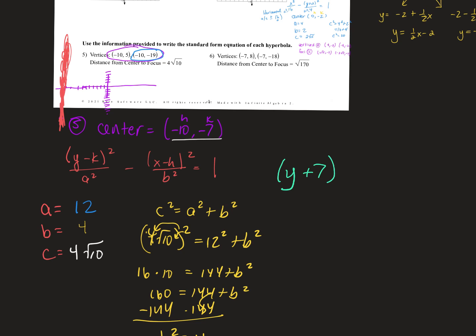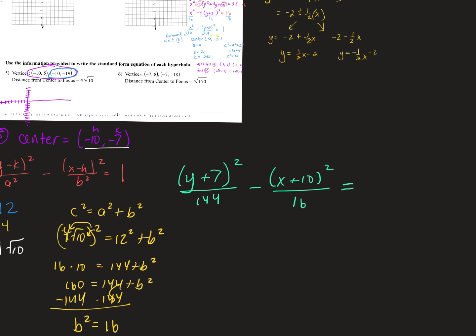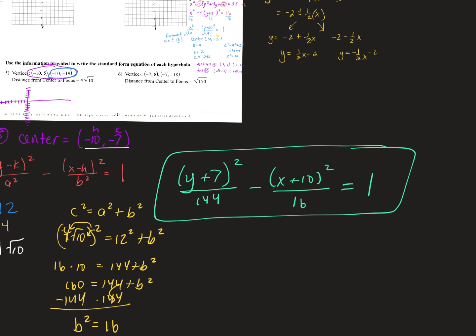Okay, y plus 7 quantity squared over what? Which is? Good. Minus x. There you go. Over, equals. Good. Very good.